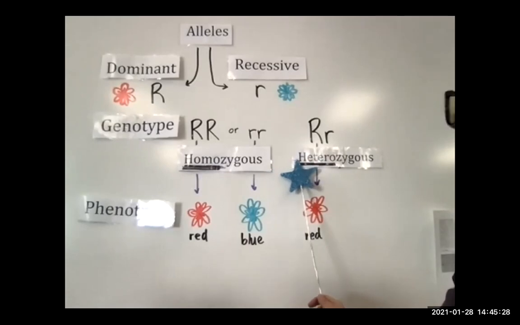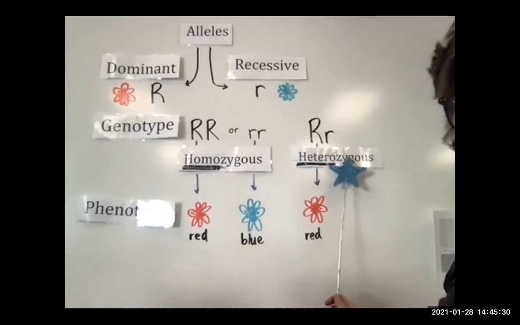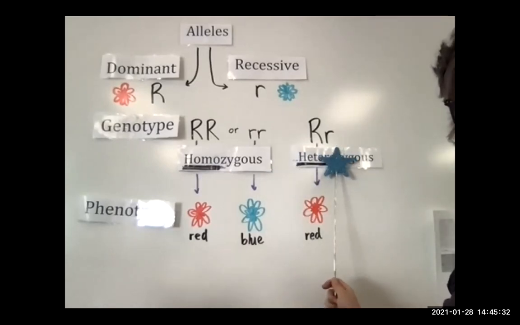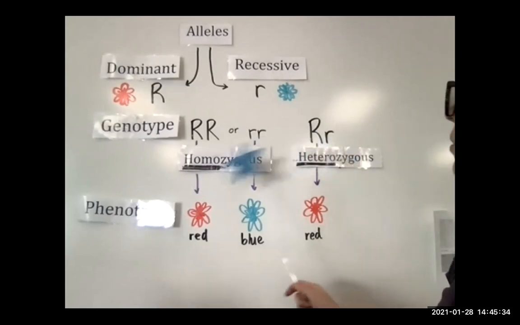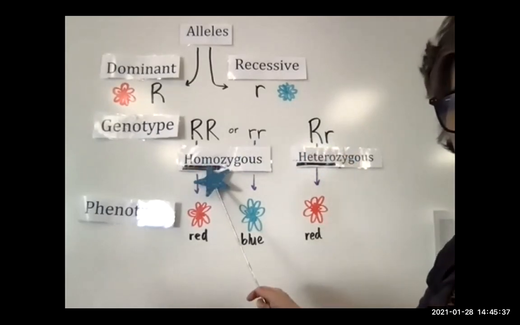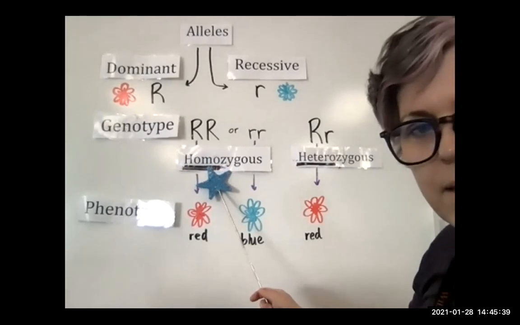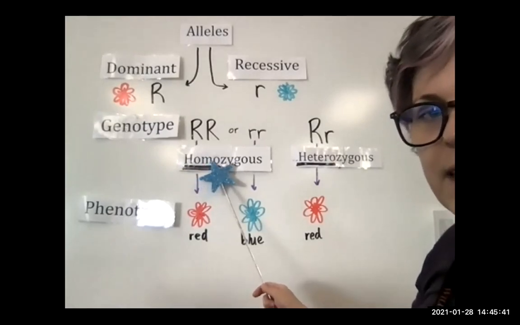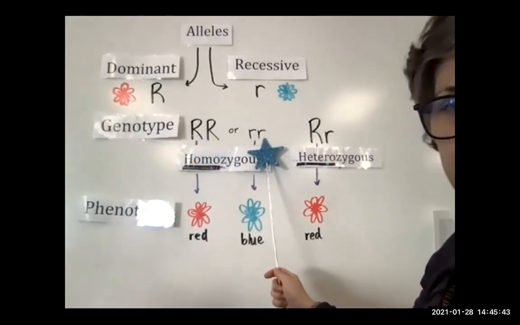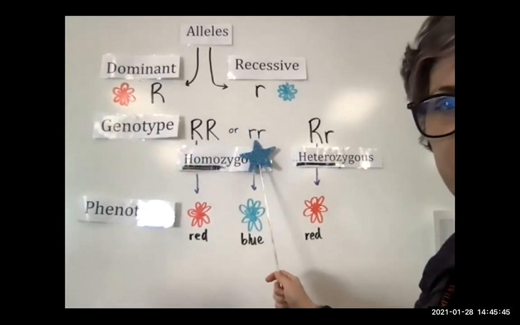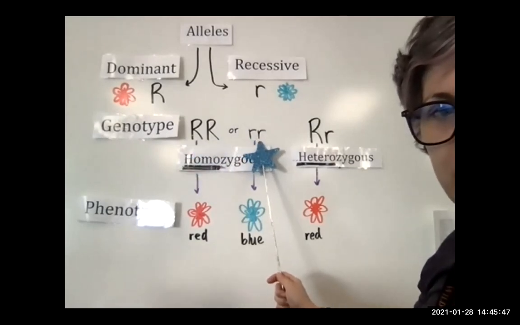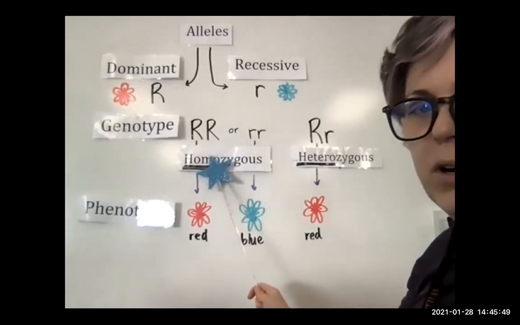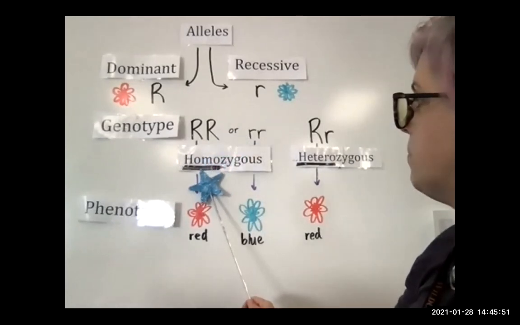So when you say the word heterozygous, that means 2 different alleles. When we say the word homozygous, we must then say dominant or recessive, because there's 2 types of homozygous. Okay, and I'll get into that a little bit more in just a bit.